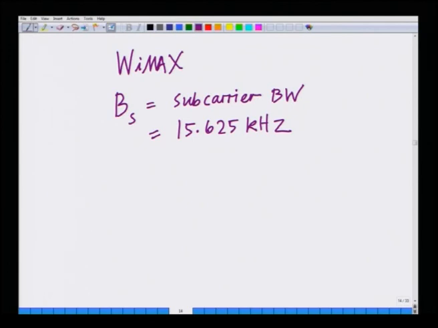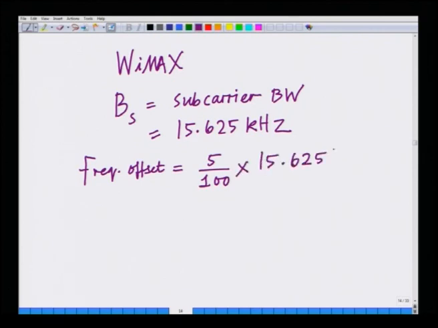So, the frequency offset in absolute terms is equal to 5 by 100 into 15.625 kilohertz, that is equal to 0.78125 kilohertz, that is approximately 0.78 kilohertz.